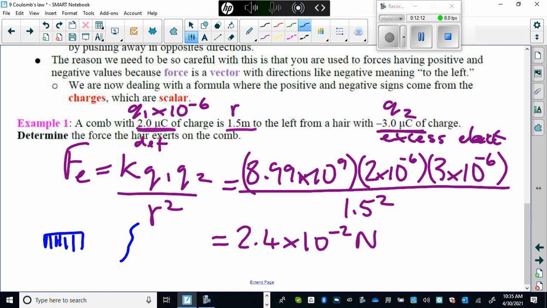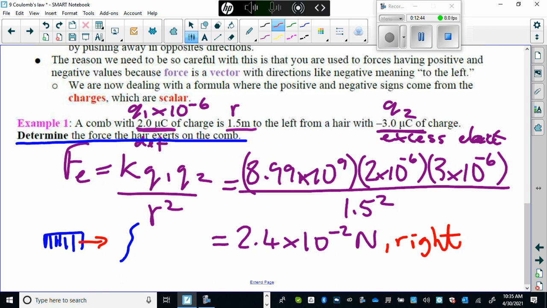The question says determine the force the hair exerts on the comb, which is kind of odd because obviously, probably because of the mass of the comb and the mass of the hair, the hair is going to be going towards the left, but the question says determine the force the hair exerts on the comb. So the hair is going to pull the comb because they're attracted to one another in that direction. So the answer to the question is 2.4 times 10 to the negative 2 newtons to the right.